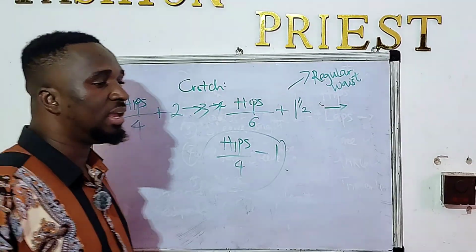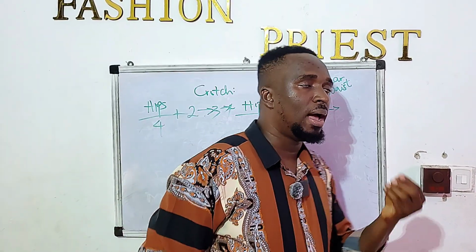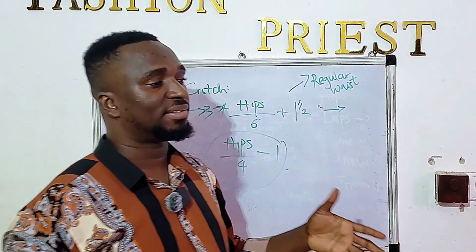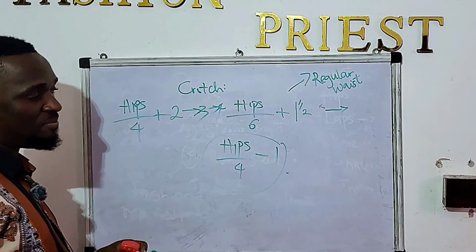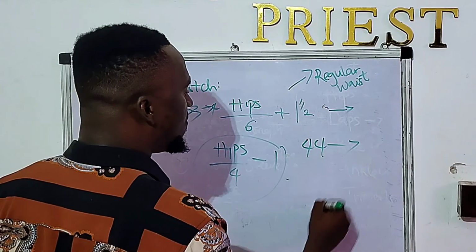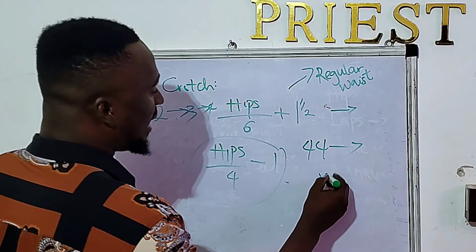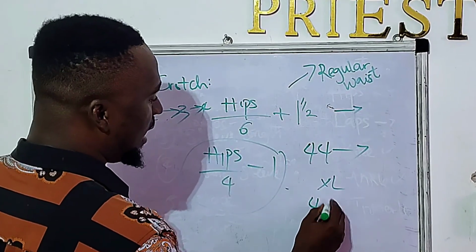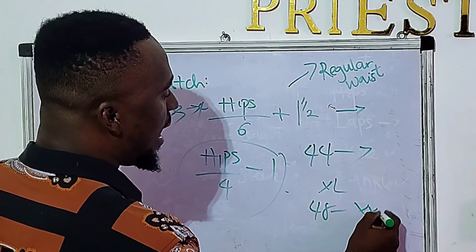Then the question is, how do you identify a client that has an XL size? Any hip value that goes beyond 44 and above is considered XL size, right? If you have 48, it is double XL.